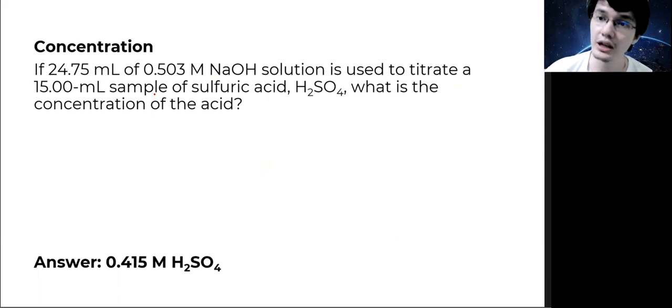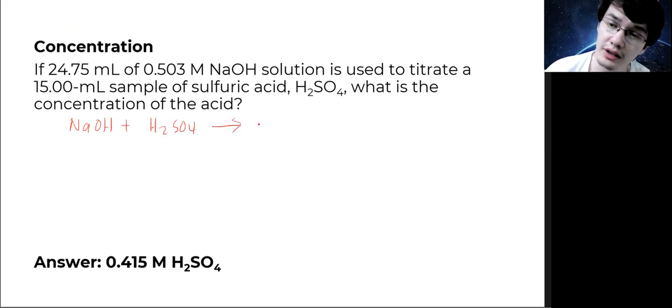So first, we set up the chemical equation. Sodium hydroxide reacts with sulfuric acid to produce, it is a double displacement reaction.